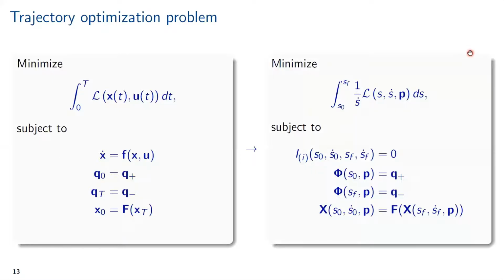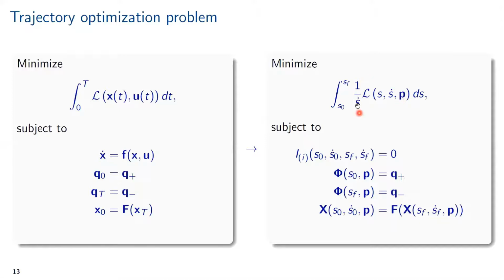That is, if we represent the states x in terms of the synchronization functions, parameterized in terms of s, and likewise we can do the same for the control inputs, then the objective might be written as the integral from the starting value of the variable s to its final value over the corresponding objective function, now described in terms of s, its derivative, as well as these parameters of the synchronization functions.